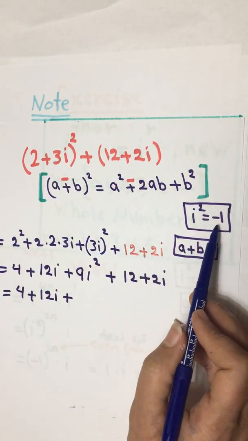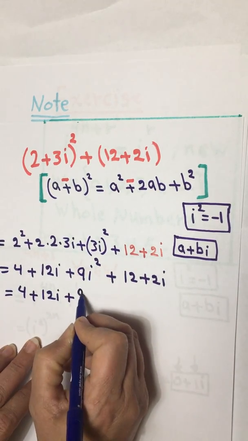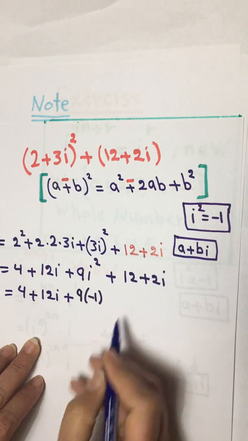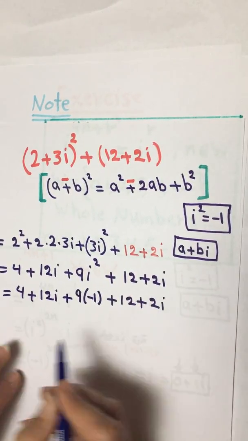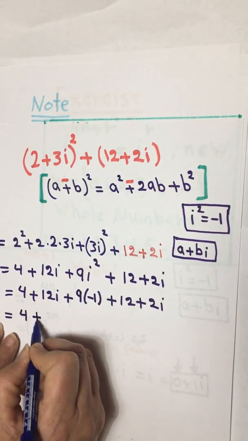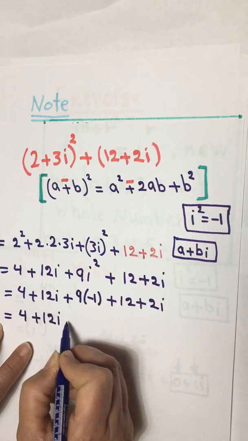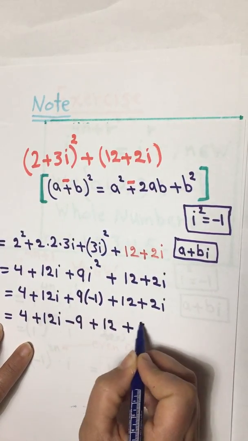I squared equals -1. So 9 times -1, plus 12 plus 2I, which equals 4 plus 12I minus 9 plus 12 plus 2I.